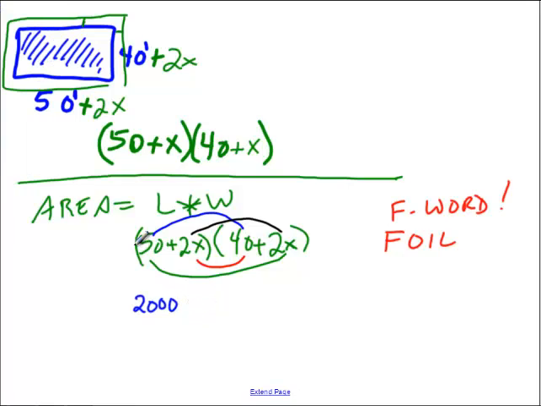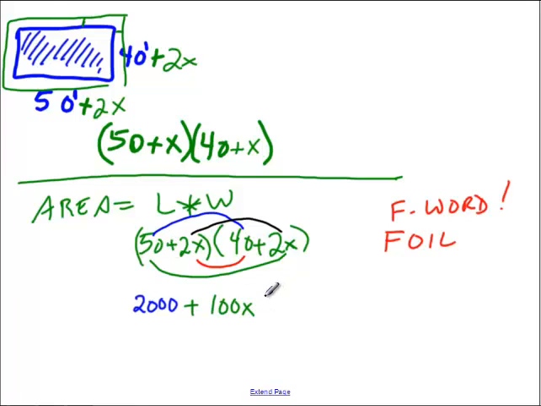Outside terms are 50 times 2x, which would give me plus 100x, because it's plus 50 times plus 2, plus times plus. My method was take the signs, take the numbers, take the variables. So sign would be plus times plus is plus. 50 times 2 is 100. X times 1 is x.